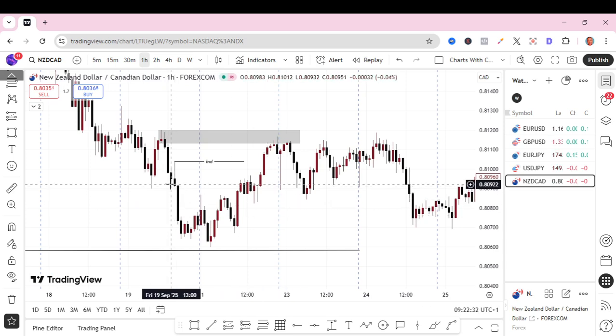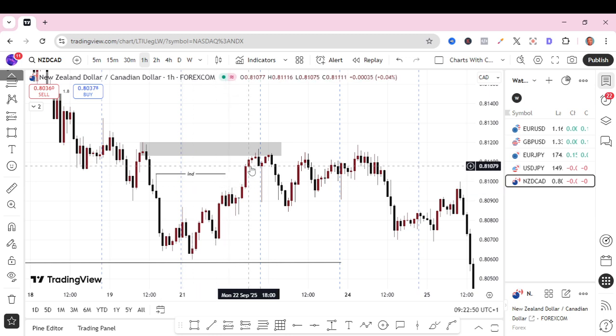So this is a pullback because it swept the previous high, the last candle's previous high, right? This particular candle swept the high of this candle, as you can see, this was the sweep here. So that is a valid pullback.